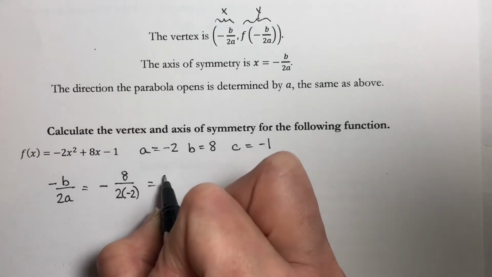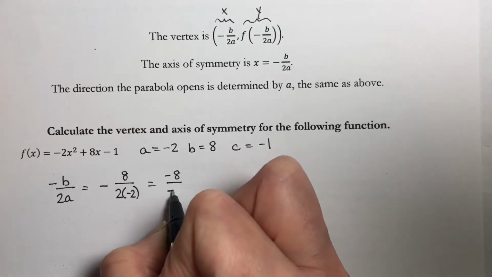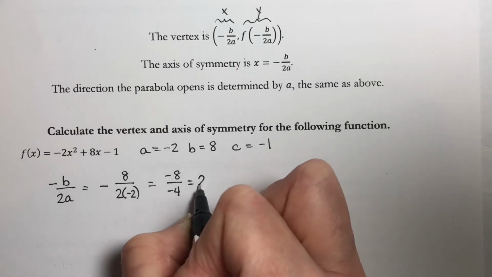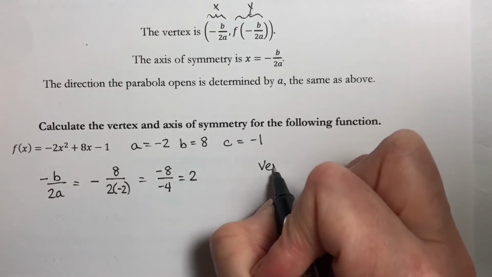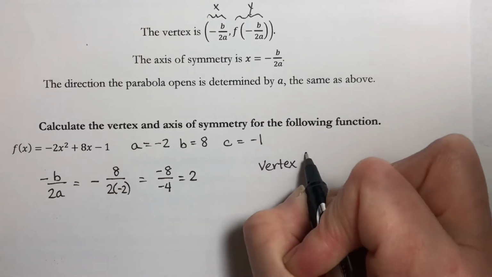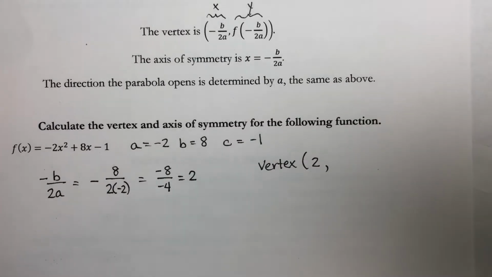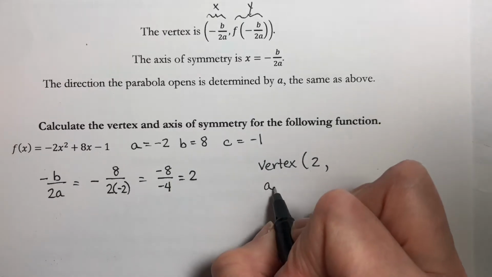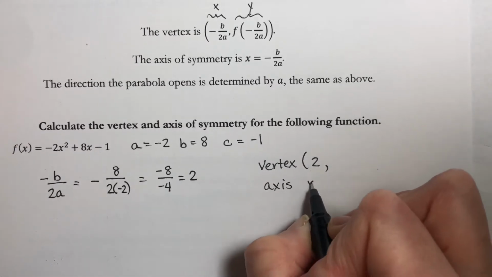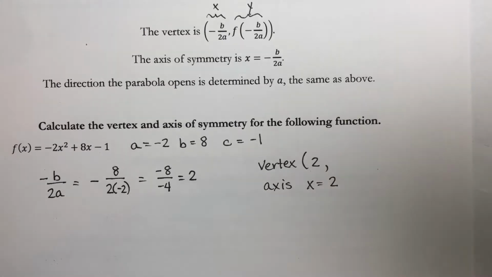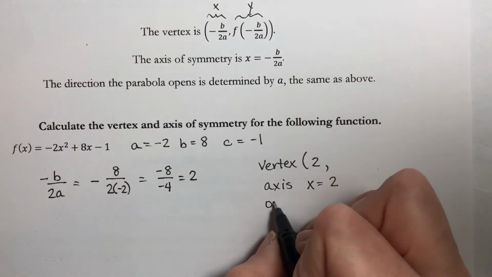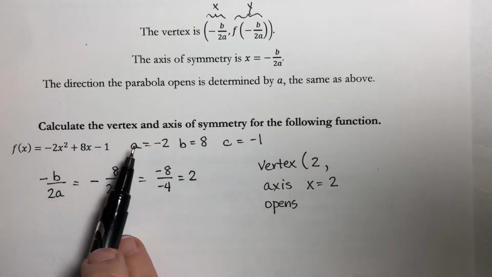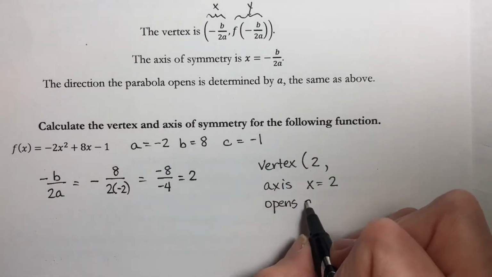So I end up with negative 8 over negative 4, which is positive 2. So for my vertex, I know that it is 2 comma something, and my axis of symmetry is going to be x equals 2. I also know how it opens, even though you weren't specifically asked for this here. My a value is negative, so this opens down.